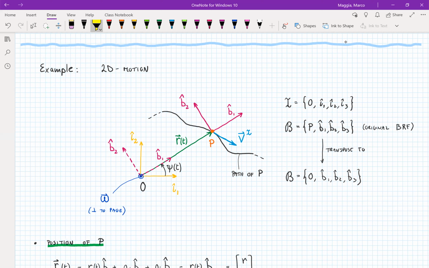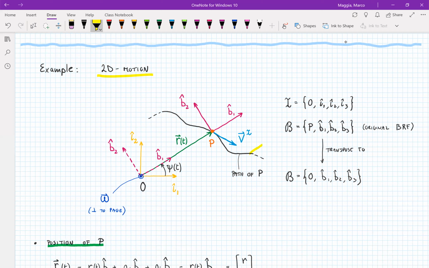In particular, we're starting with something simpler, so it's just a two-dimensional motion. We're going to have our particle P, which is traveling along its path, whatever that is, and here it's just this black line over here. The body frame of reference is normally centered on the particle itself.